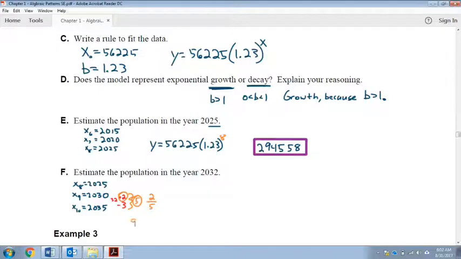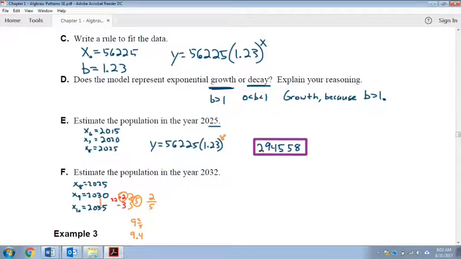You can write this as 9 and 2/5, but 2/5 is also 0.4. So really, we're using 9.4.